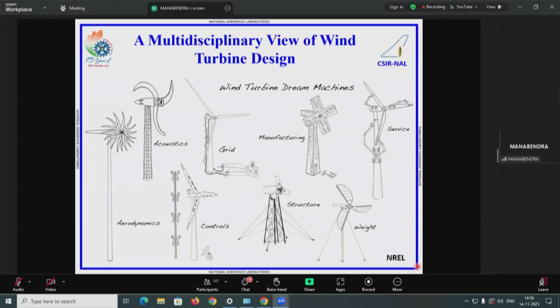If aerodynamics looks at the turbine design, you'll have aerodynamically efficient blades which are very, very thin. And similar things happen if the control guys look into that and design, or the acoustic guys look, or the electrical engineers look at the architecture, or the manufacturing or structure, or the weight and mass CG guys, or the service guys. This is what can happen.